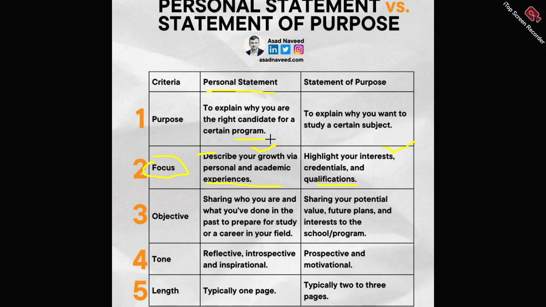If you are applying for medical physics and they are looking for candidates who can work on the mass spectrometry scanner, who can work using AI algorithms, and who can make a kind of program using the different densities and properties of soft tissues, you have to explain why you are the right candidate for that program.